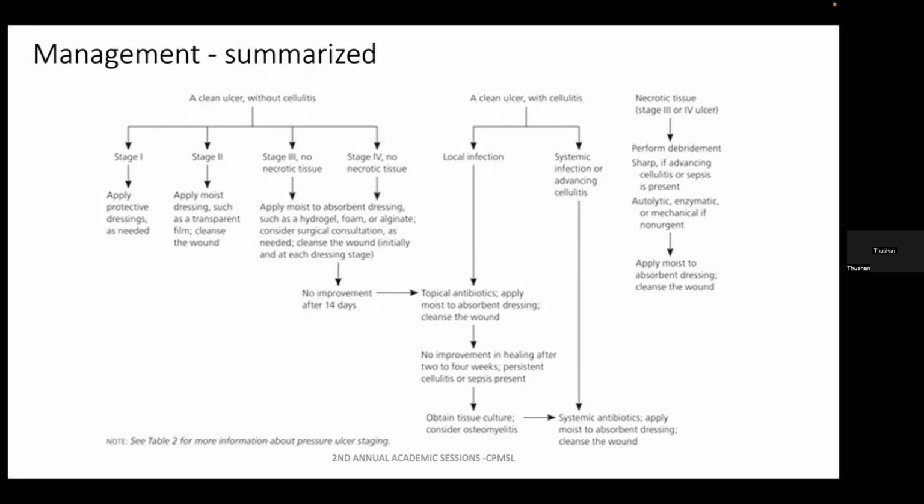With too much exudate, think of things like alginates, which will absorb the excess moisture. Think of how frequently to review the wound. That will help you figure out how you're going to get the right moisture balance and the most optimum wound bed prepared. Now, this is for people I'm talking about with no necrotic tissue. You have an ulcer and that's it.